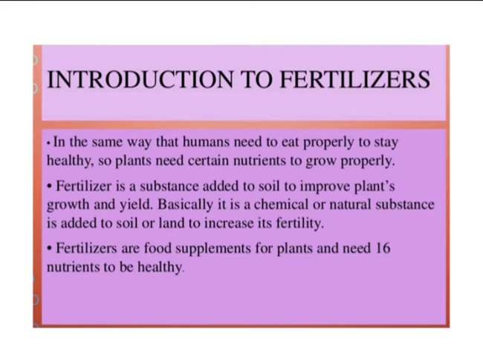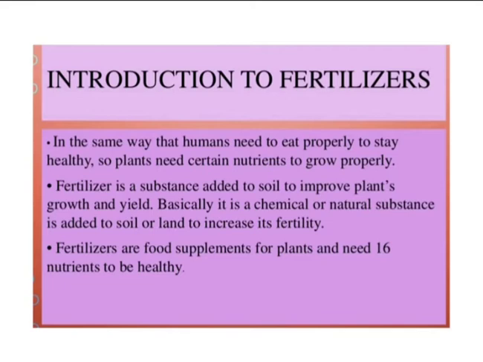Fertilizer is the substance which is added to the soil to improve plants' growth and yield. Basically, it is a chemical or natural substance added to the soil or land to increase its fertility. As you know, the fertilizers are of 2 types, organic fertilizers and inorganic fertilizers or artificially prepared fertilizers.